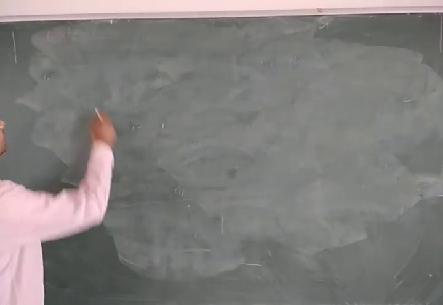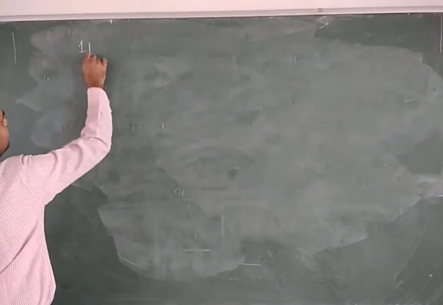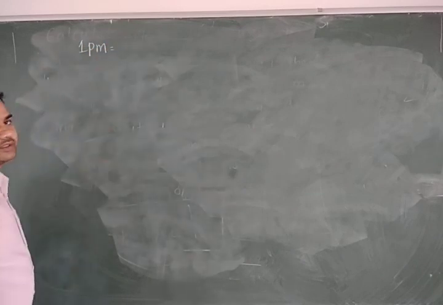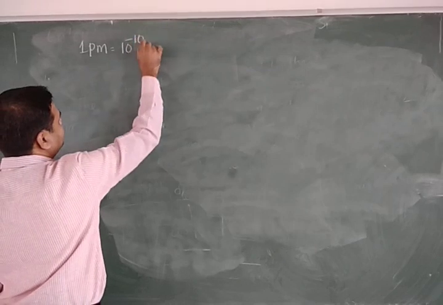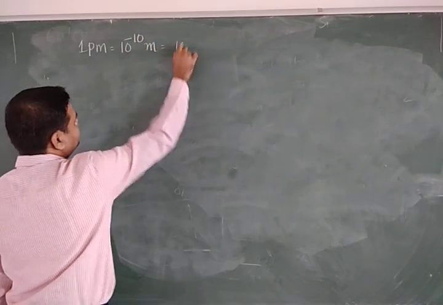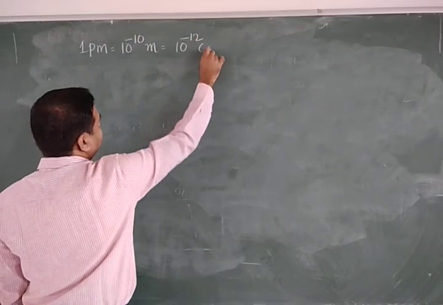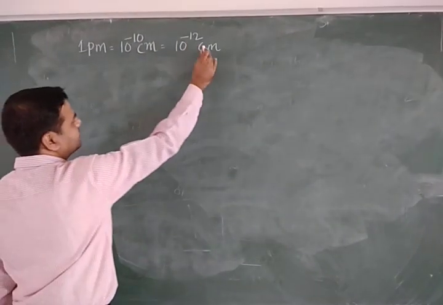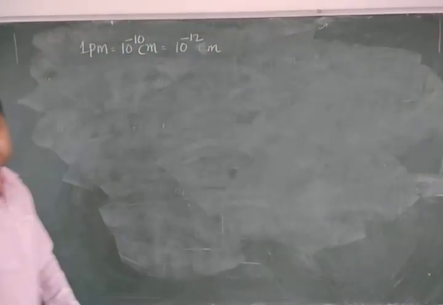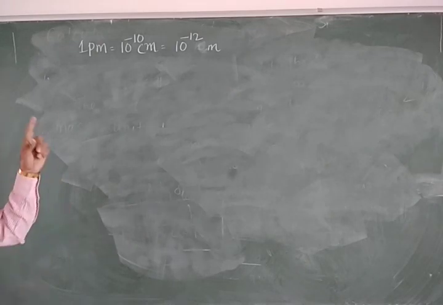So first I am writing, just remember this, 1 picometer is equal to 10 to the power minus 10 centimeter and 10 to the power minus 12 meters. Don't get confused. 10 to the power minus 10 centimeter, 10 to the power minus 12 meter.